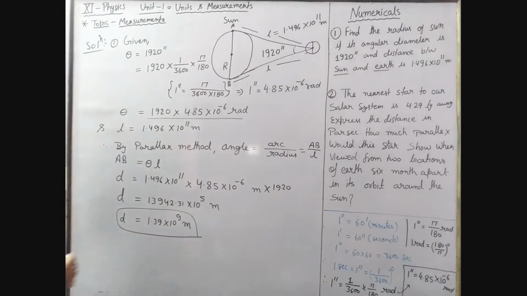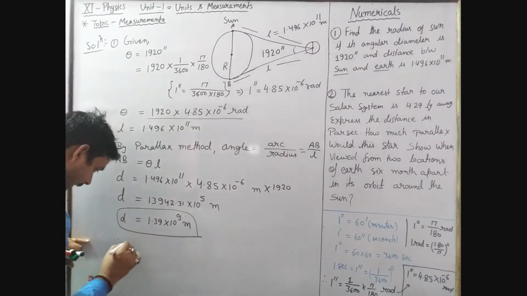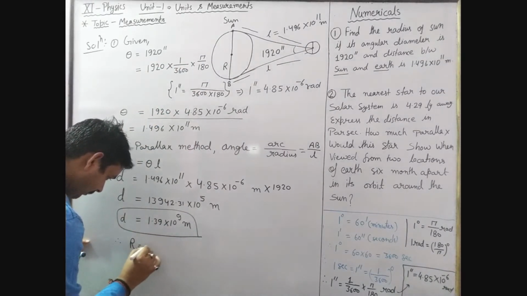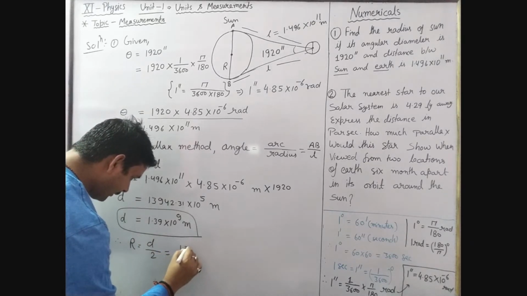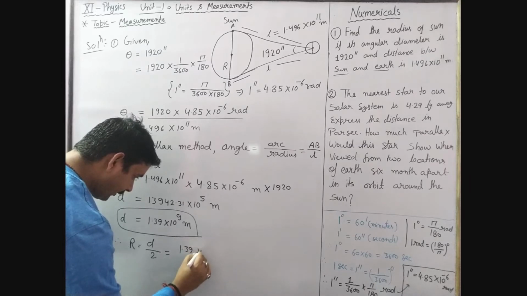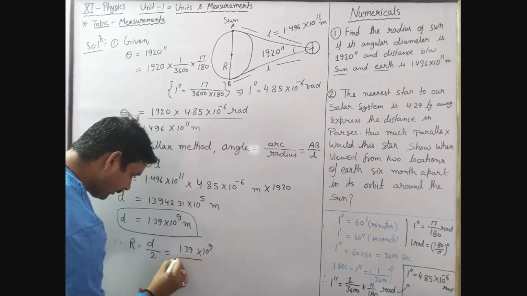Therefore, you can easily calculate the radius of the sun. That means D by 2, 1.39 into 10 to the power 9 upon 2.